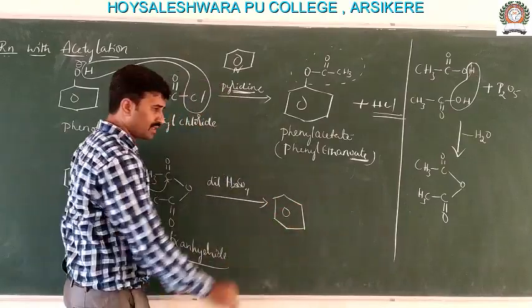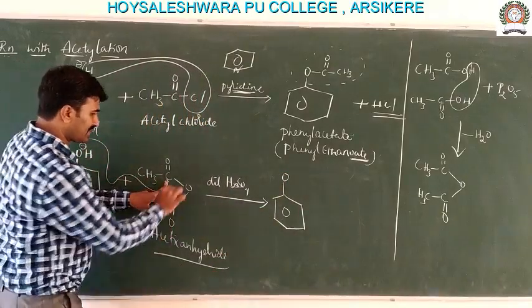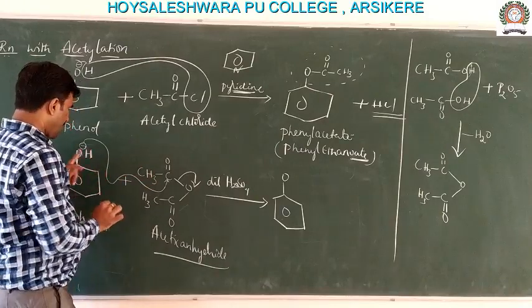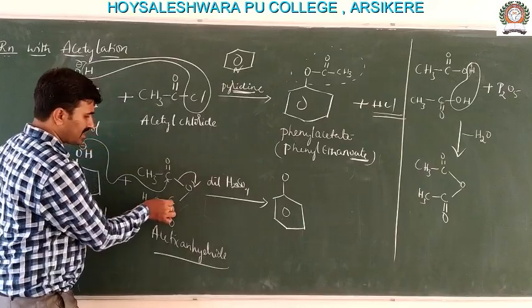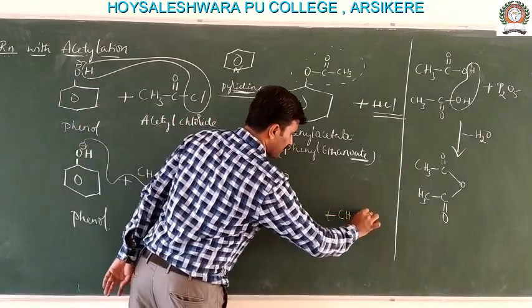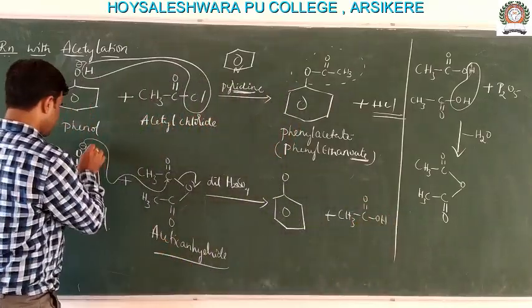See, this is benzene ring and oxygen atom. This oxygen atom attacks this, this bond will break after depolarizing, and this H plus combines with CH3C double bond O minus to form CH3C double bond OH.